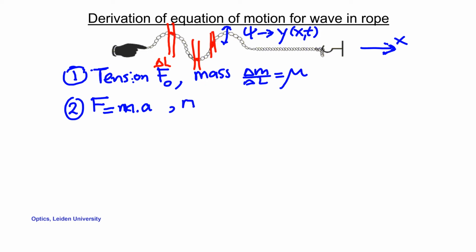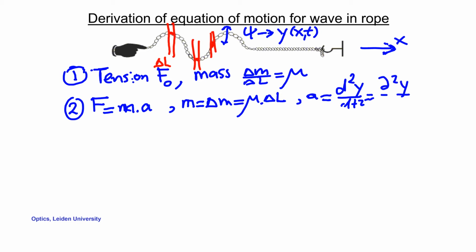M being the mass of this segment, delta m, so mu times delta L, and a being the acceleration of this segment, so basically the second order derivative of the displacement with time, which we have indicated as the partial derivative with time.